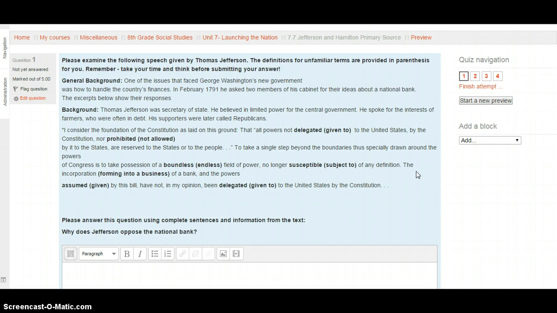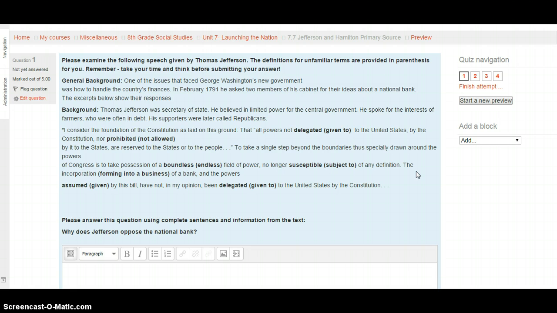To take a single step beyond the boundaries, thus specially drawn around the powers of Congress, is to take possession of a boundless or endless field of power, no longer susceptible or subject to any definition. The incorporation, forming into a business or creation, of a bank and the powers assumed or given by this bill have not, in my opinion, been delegated or given to the United States by the Constitution.